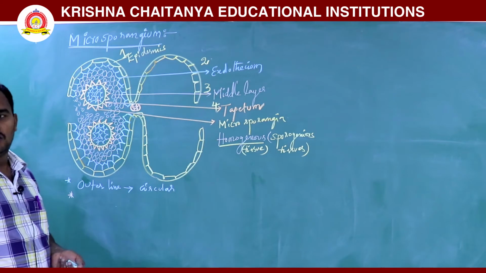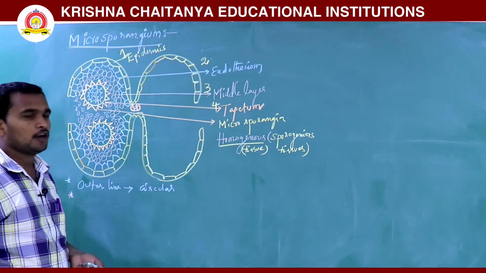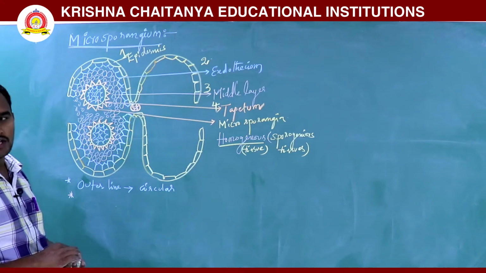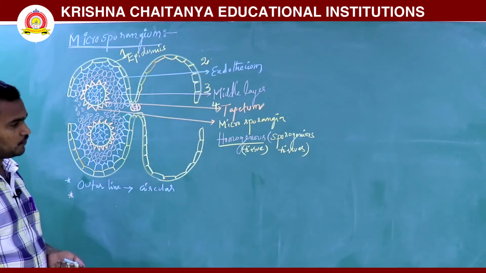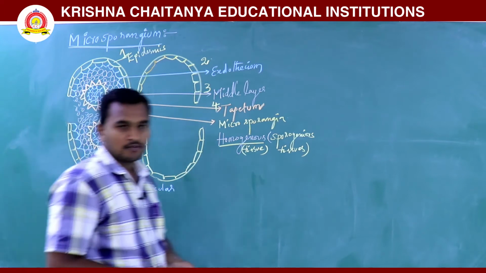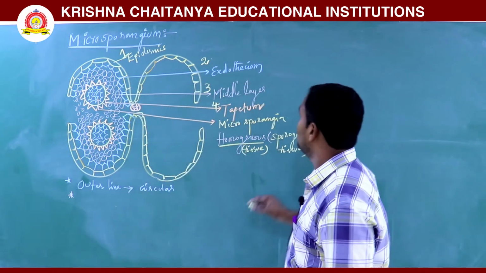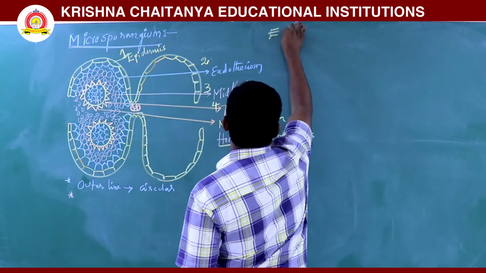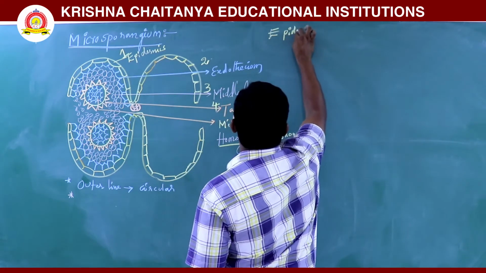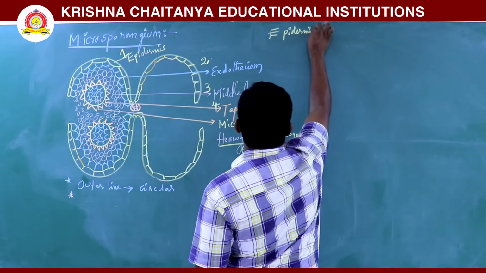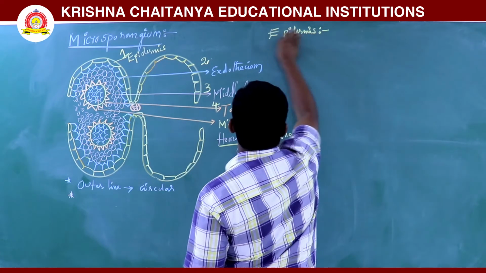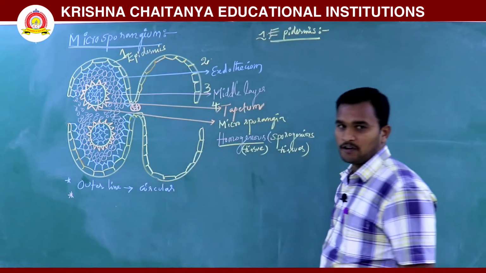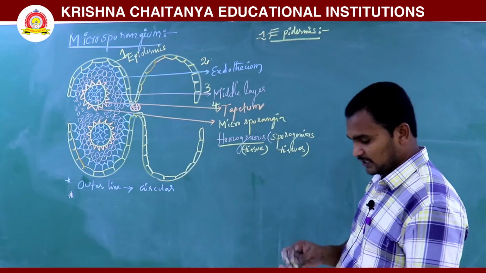In total, there are 4 layers. First we will discuss the epidermis.